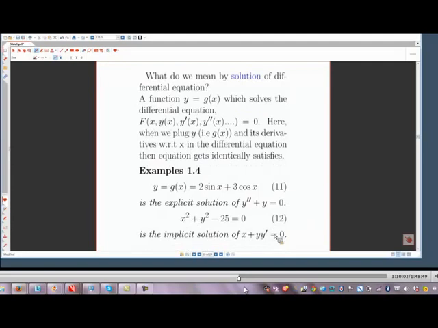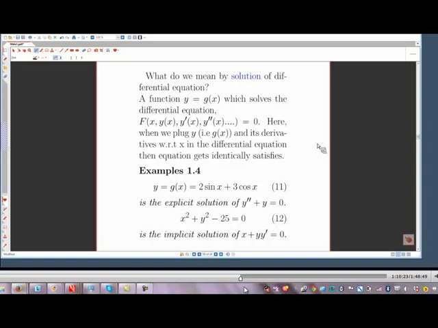The most interesting concept is: what is the solution of a differential equation? A solution is something which satisfies a differential equation. The moment you plug that unknown function into a differential equation and it satisfies it, that's the solution.